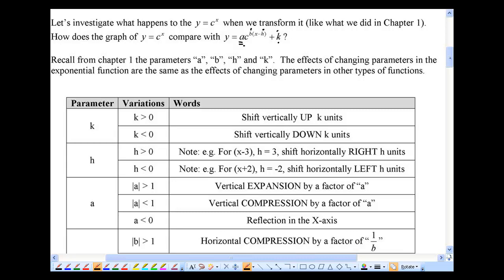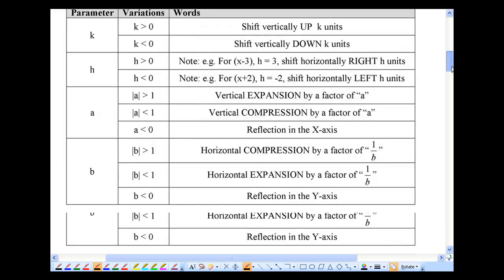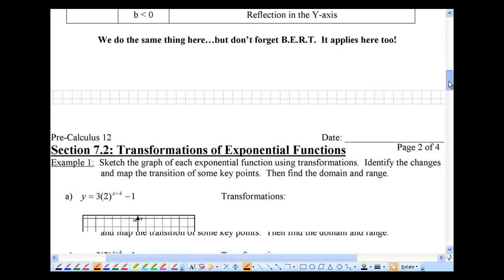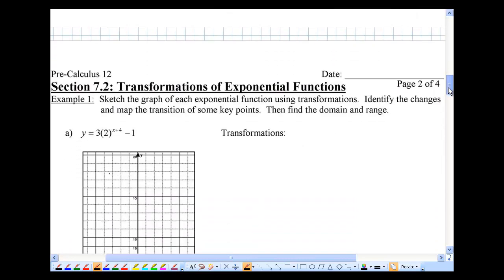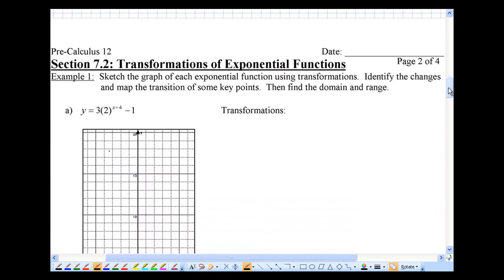If you turn the page, our next question is to take that original graph of y equals 2 to the power of x, and I want you to identify the changes, and also map the transition of some key points to see what this new graph will look like.